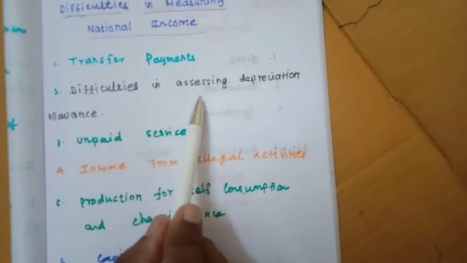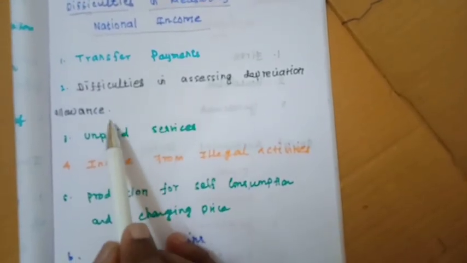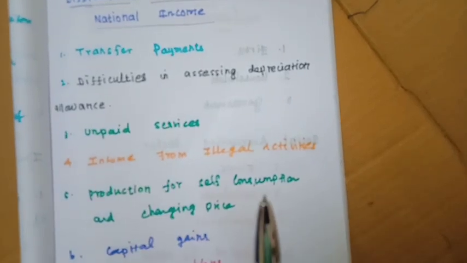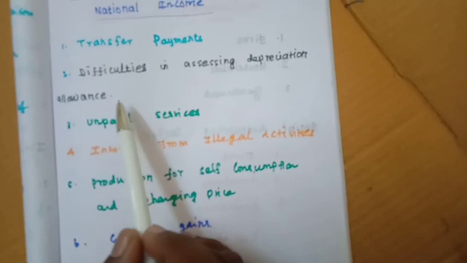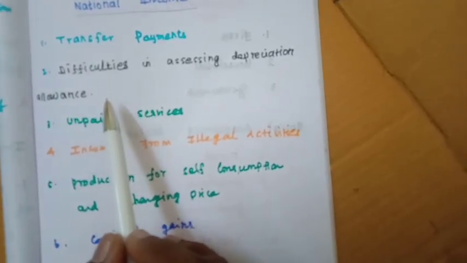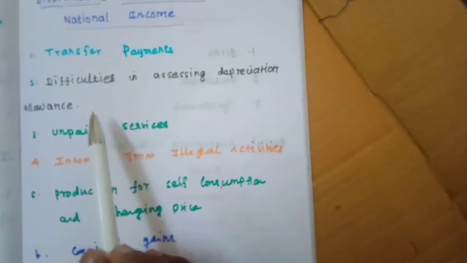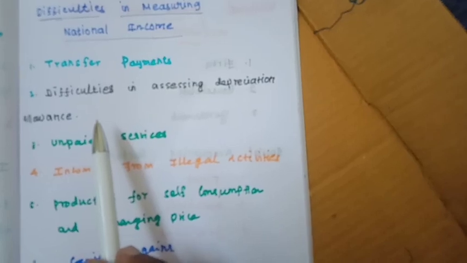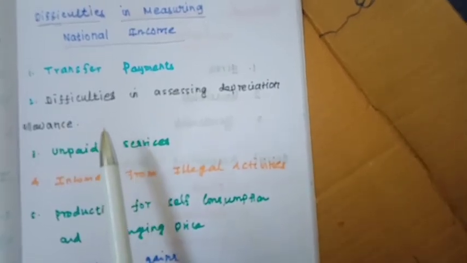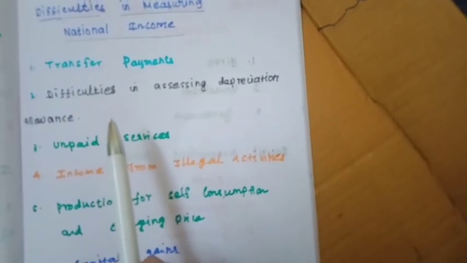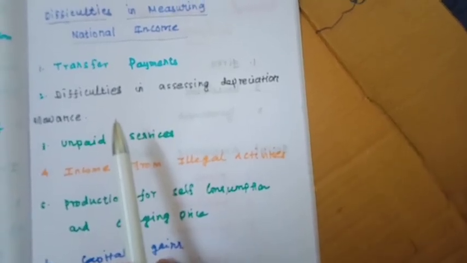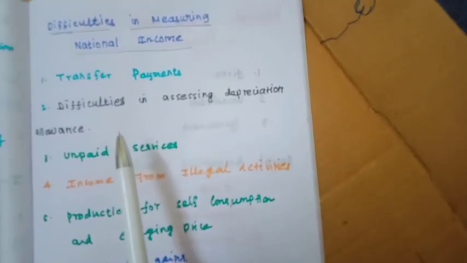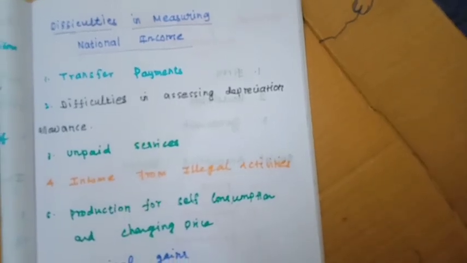Next, difficulties in assessing the depreciation allowance. We already discussed depreciation, and it is also one of the important difficulties in calculating national income. Deducting depreciation allowance, accidental damage, especially fire accidents, and repair and replacement costs from the national income is not an easy task, because in the whole of India there are 30 states.